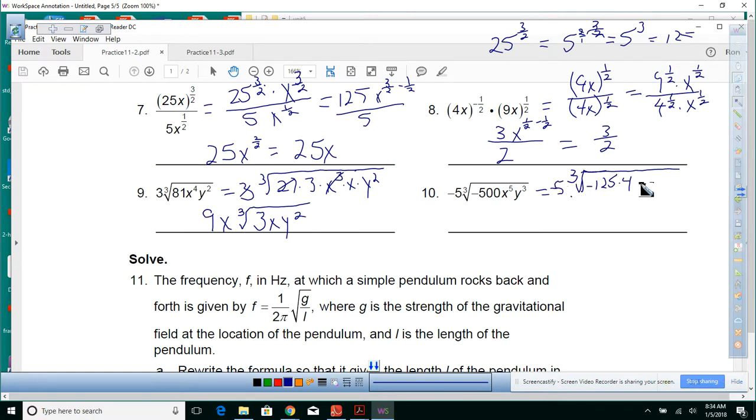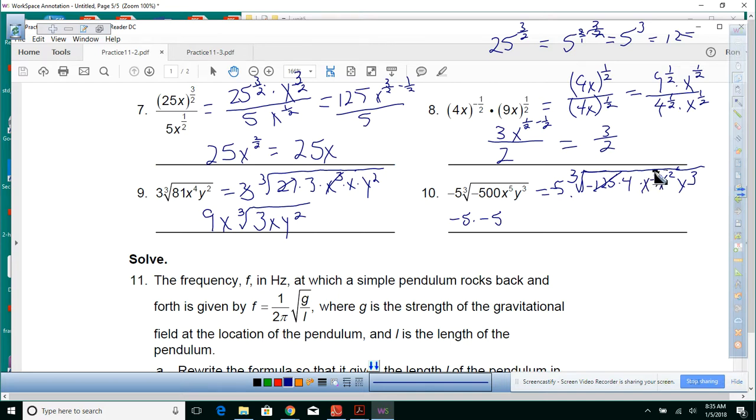All right, and then we've got x cubed times x squared, and then we have y cubed. So the cube root of negative 125 is negative 5. I took that out. All right, the 4 has to stay in.